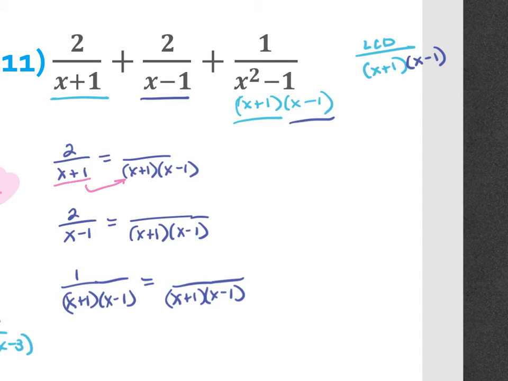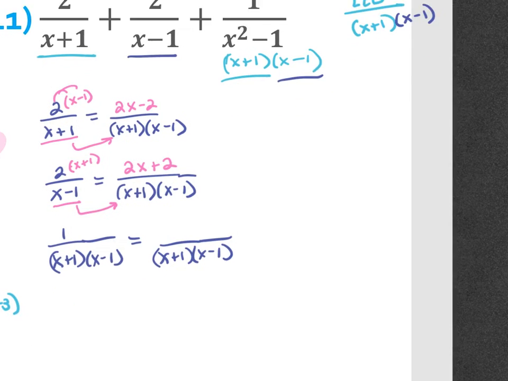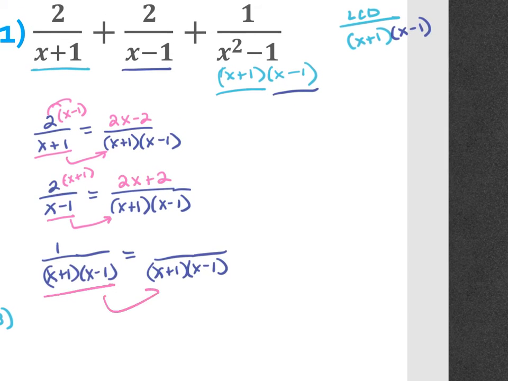X plus 1 to this is missing the x minus 1, and I distribute that in, 2x minus 2. The second one, x minus 1 to the least common denominator, is missing the x plus 1. So I get 2x plus 2. And the last one, everything's already there, so I just carry over the 1.